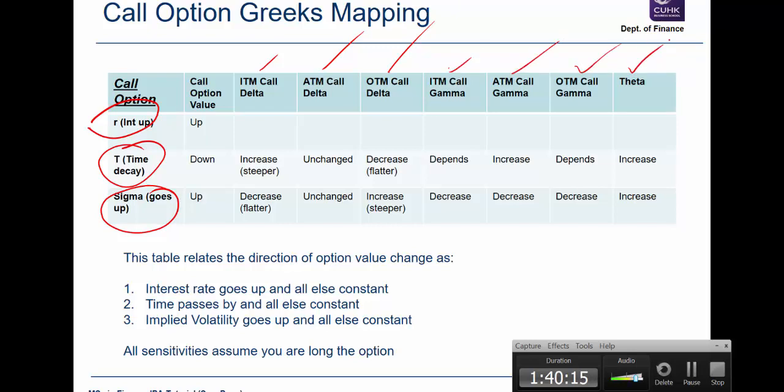Okay, this is not telling you anything that you don't know. Okay, it's just putting everything more systematically.